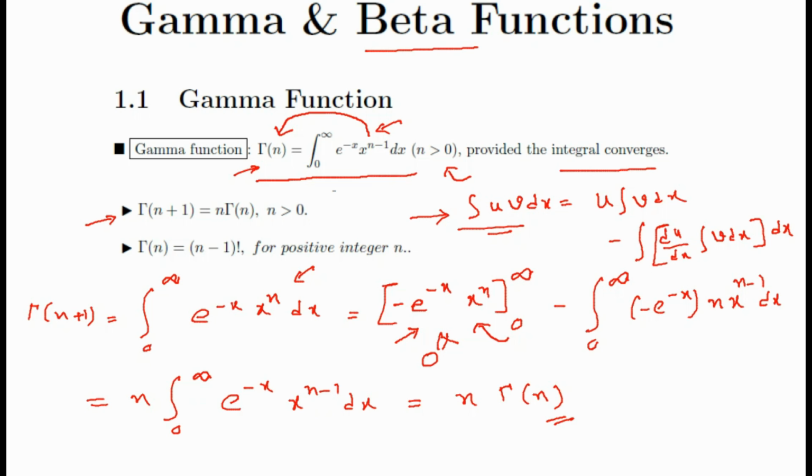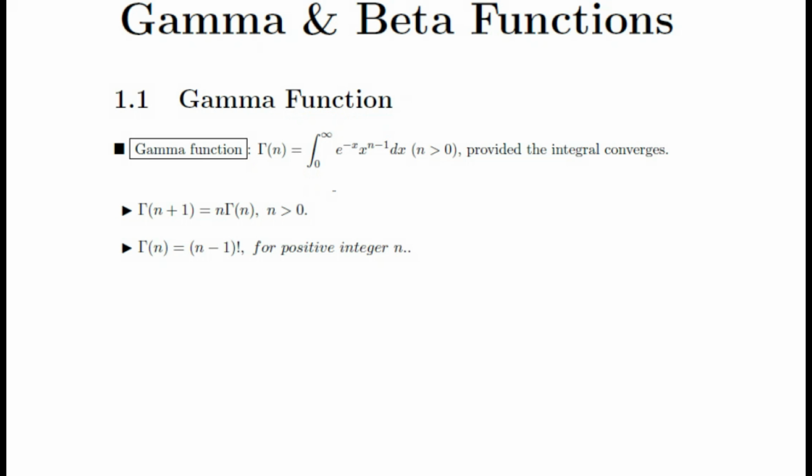Now the next proof, so let me clear the board first. For this we can use the previous one. Using that formula, gamma n equals, if you put n equal to n minus 1, n minus 1 gamma n minus 1.